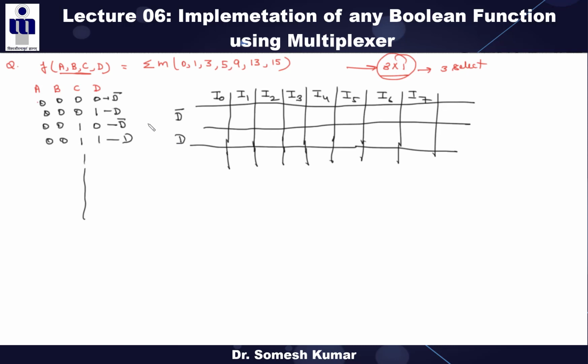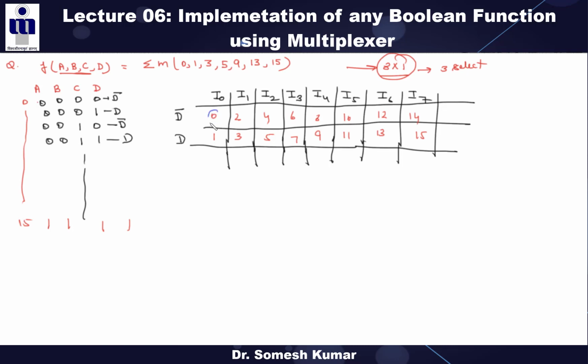And what is the pattern? Pattern is 0, 1, 2, 3, 4, 5, 6, 7, 8, 9, 10, 11, 12, 13, 14, 15, right? It will go from 0 to 15, na? Here, now, as per your statement, you can circle all those min terms, right?